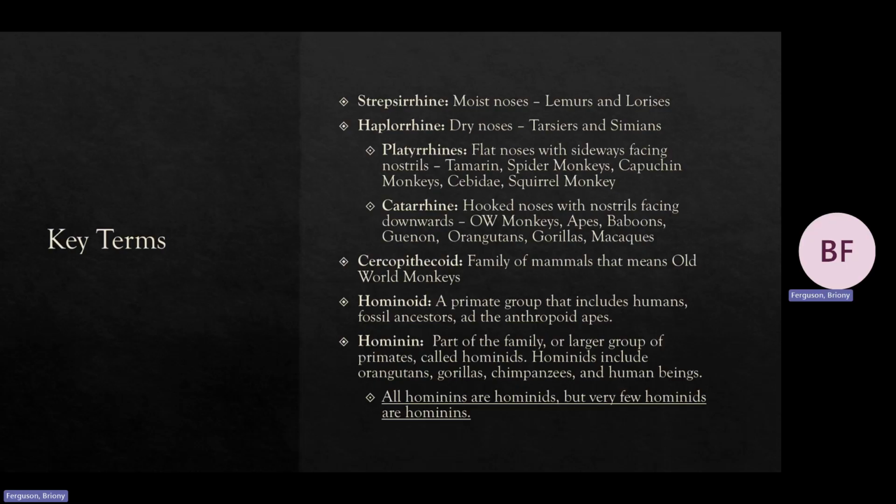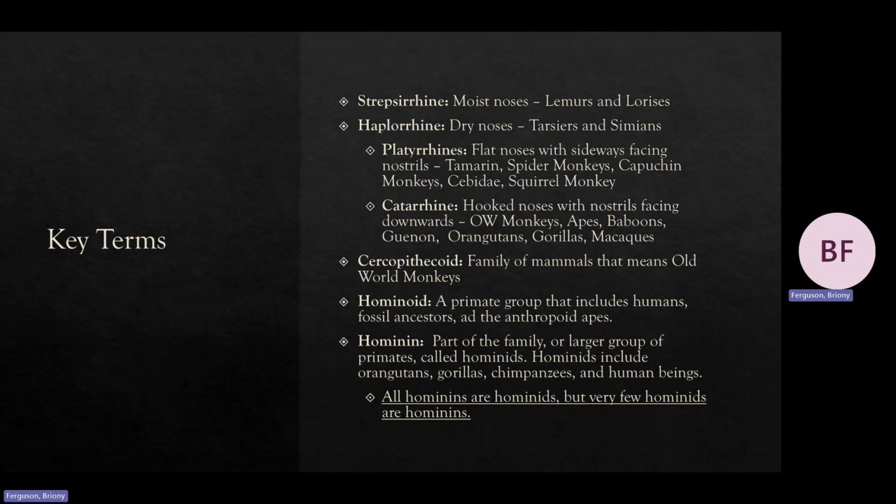Then cercopithecoids, this is a family of mammals, that means Old World monkeys. Hominoids, which is a primate group that includes humans, our fossil ancestors, and the anthropoid apes. And then hominin, which is part of the larger group of primates called hominids.